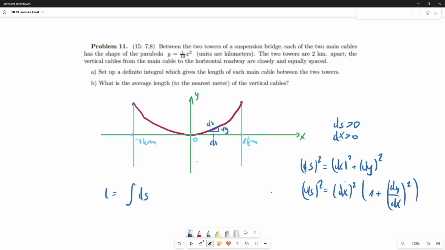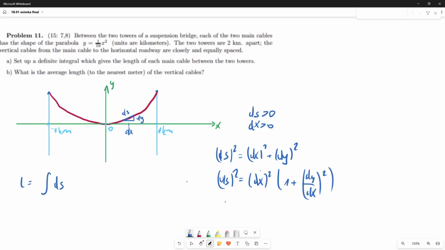Now, using the fact that both dx and ds are greater than 0, and that this value within the parenthesis is also greater than 0, because this is a complete square and this is a positive number, we can take the square root and obtain a simple relation. ds is equal to the square root of 1 plus (dy over dx) squared times dx.